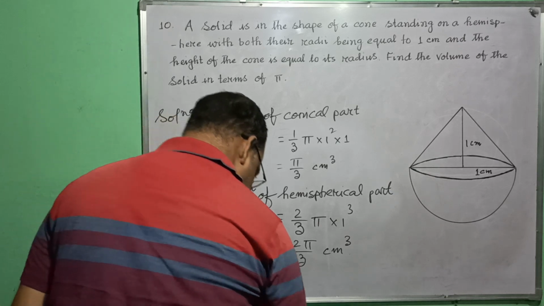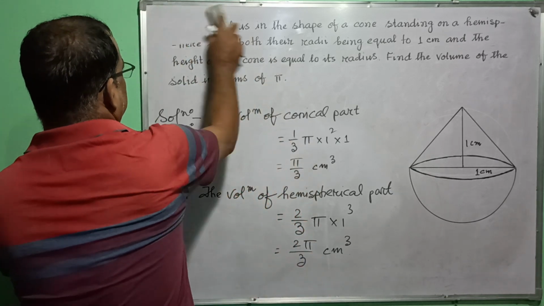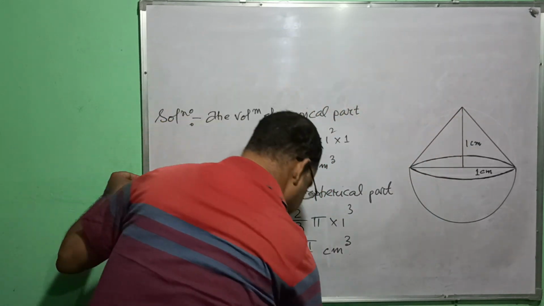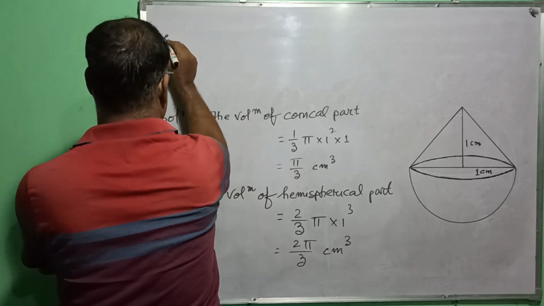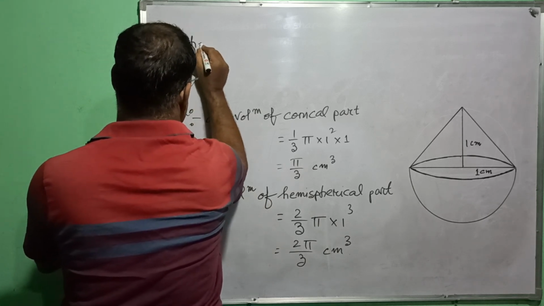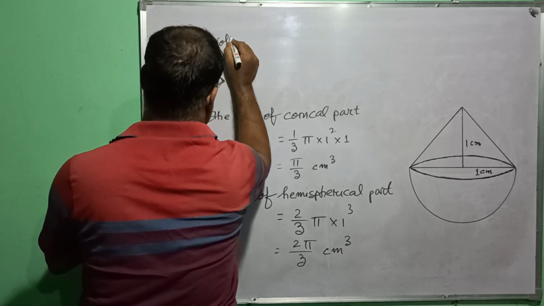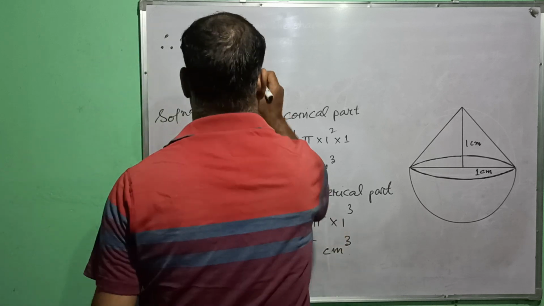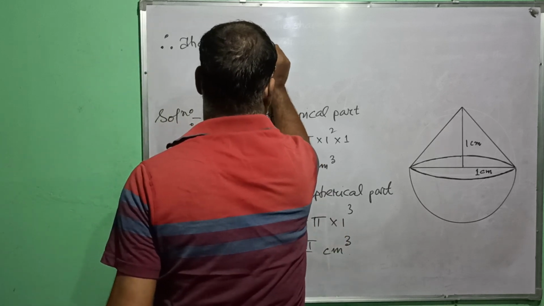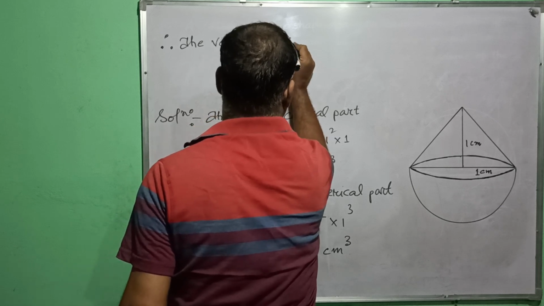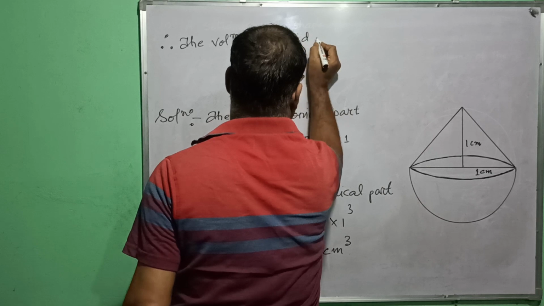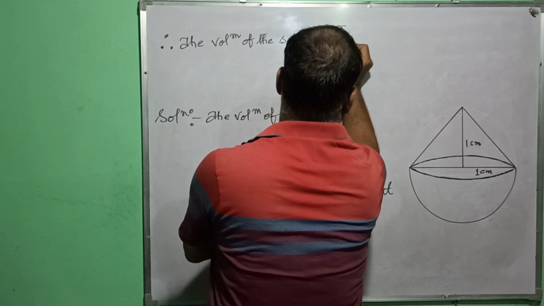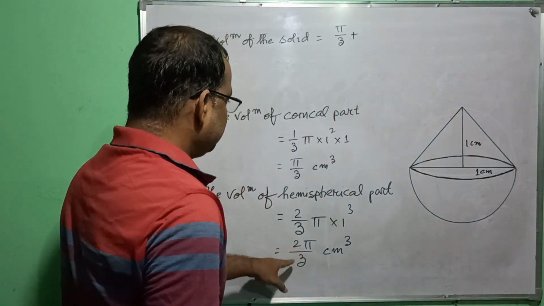Now to find the total volume, we'll add to get the answer. So we'll write, therefore the volume of the solid equal, first pi by 3 plus twice pi by 3.